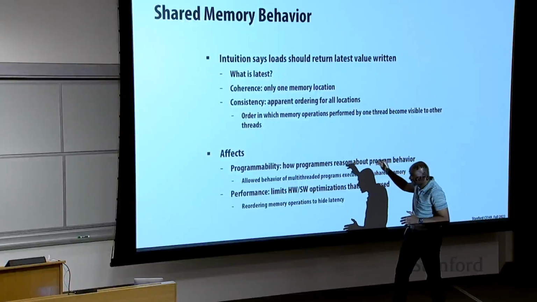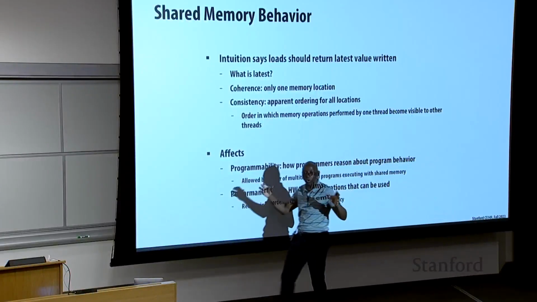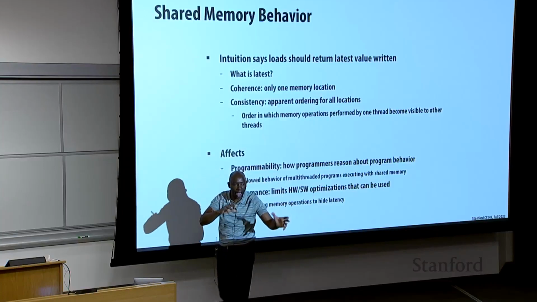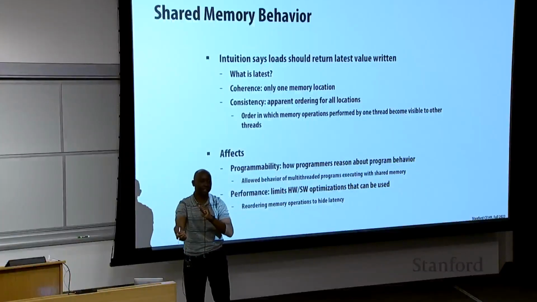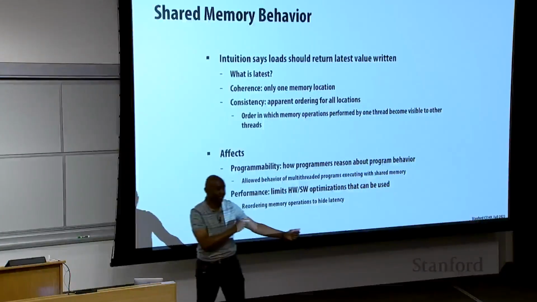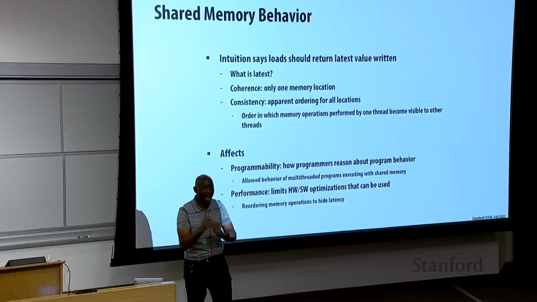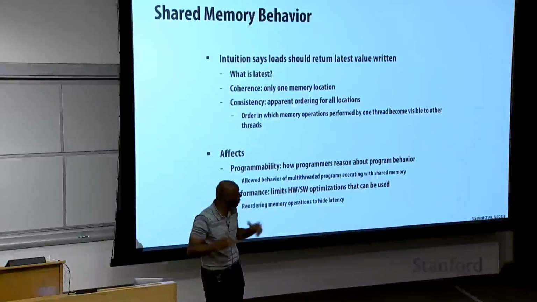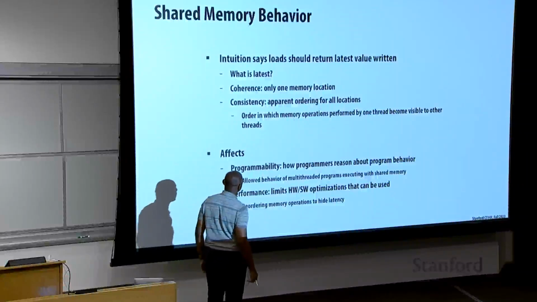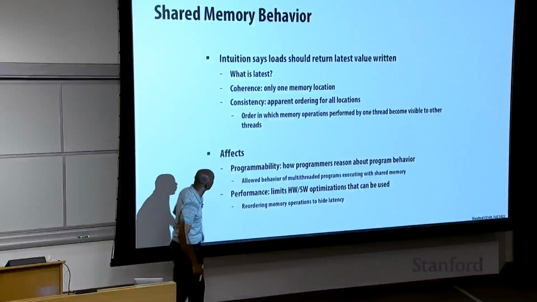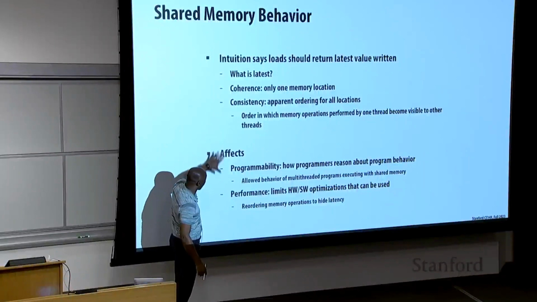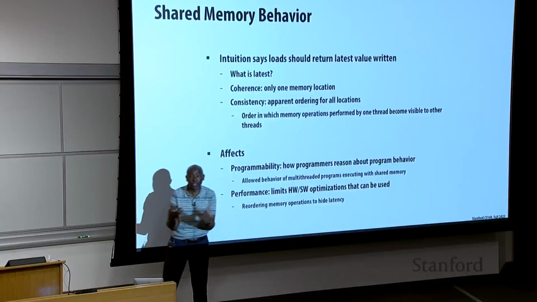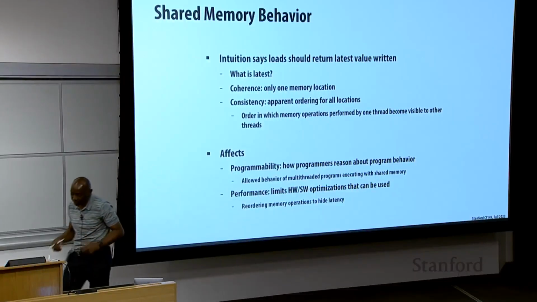Memory consistency asks, what about the apparent ordering of reads and writes to different addresses by different processors? How should they be ordered, and how should we interpret the behavior of a shared memory program? This is going to affect what programs mean.